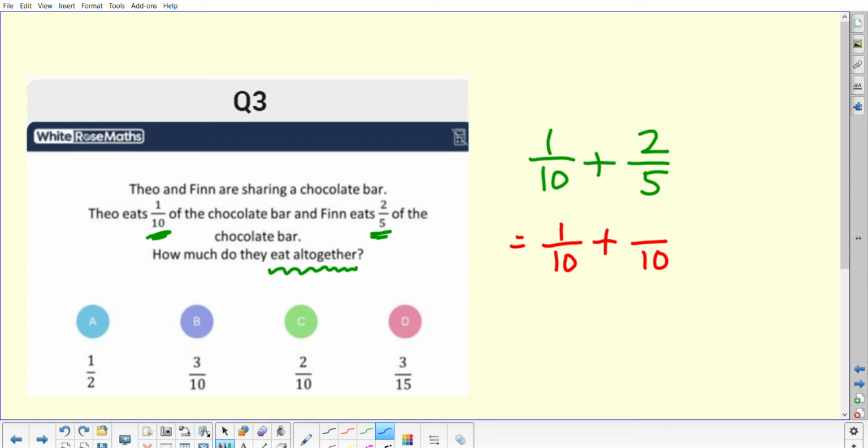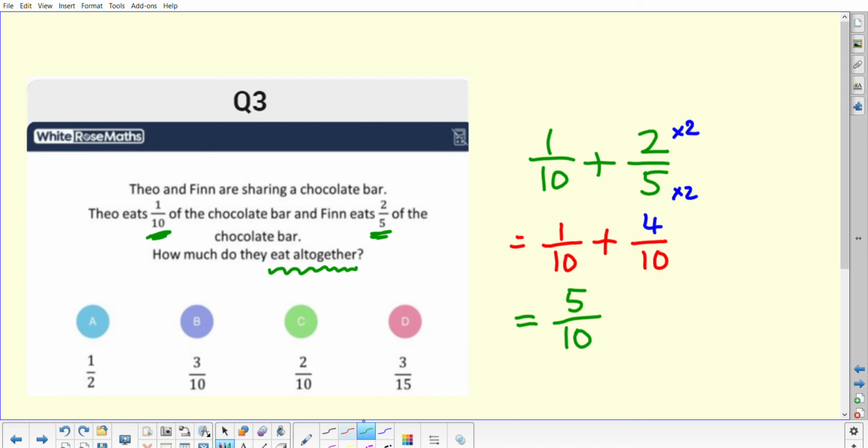So the first fraction remains the same, but for the second one, to change 5 into tenths, you are multiplying by 2. So you also need to multiply the top number by 2. So we end up with 4 tenths there. If we add these two fractions together, adding the top numbers only, 1 add 4 is 5, over 10.